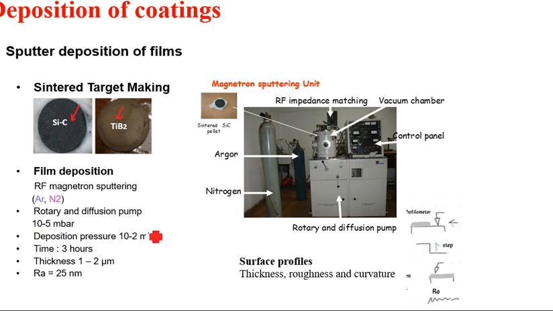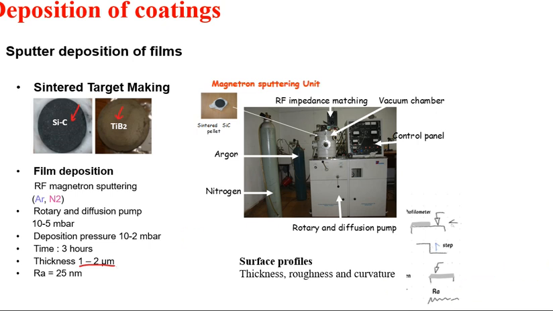Then we supply argon and nitrogen gas, nitrogen for reactive sputtering, and if we don't want any reactive sputtering, we simply apply argon, and we do the coating for a certain amount of time. Keep the coating thickness a little high because we need to do the fracture and the failure test as well.